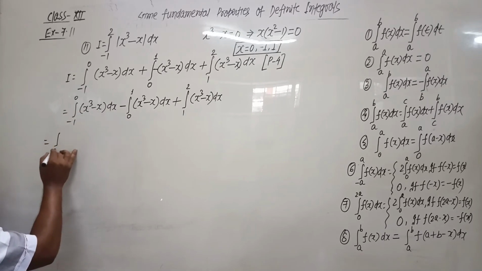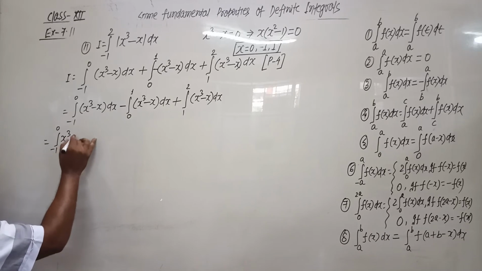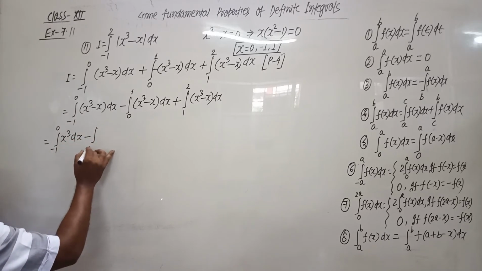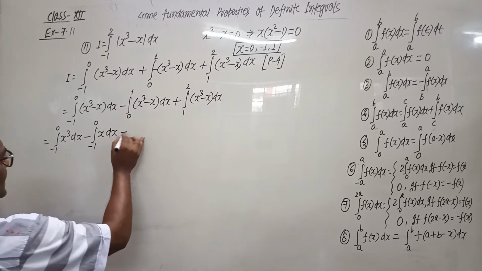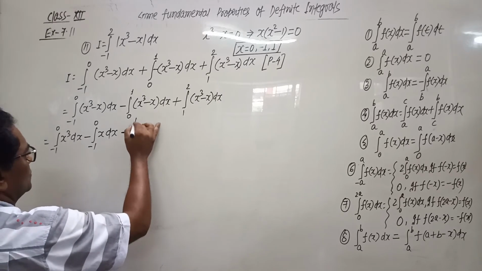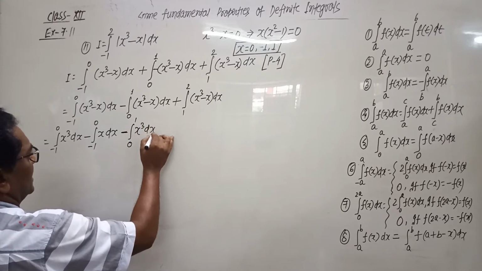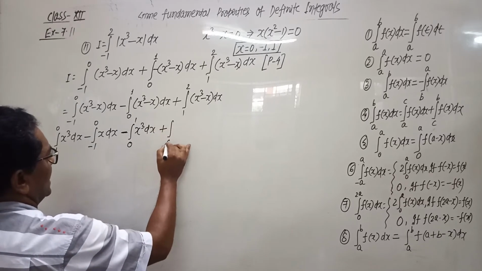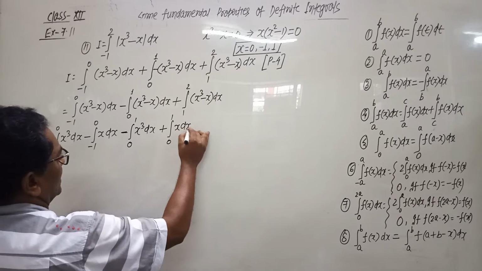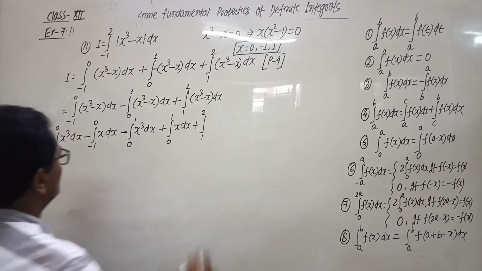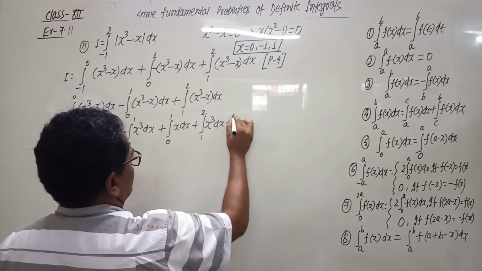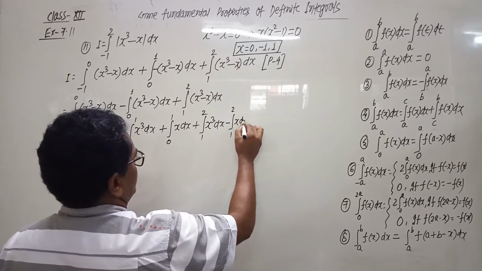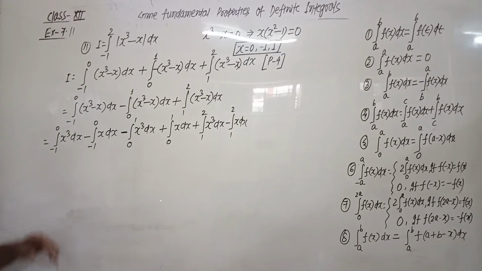So integration from -1 to 0 of x³ dx minus integration from -1 to 0 of x dx, then minus integration from 0 to 1 of x³ dx, then minus minus becomes plus, integration 0 to 1 of x dx, then plus integration from 1 to 2 of x³ dx, then minus integration from 1 to 2 of x dx. So we remove the bracket.